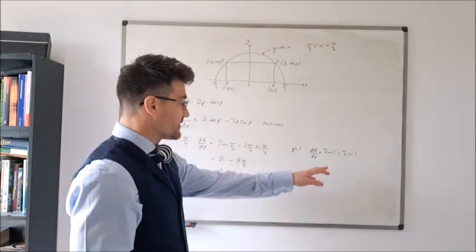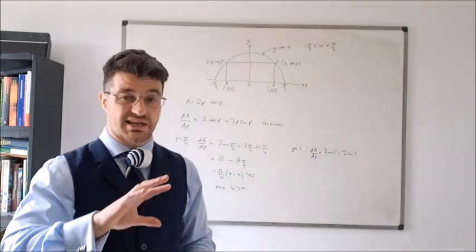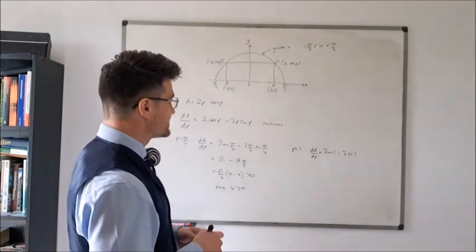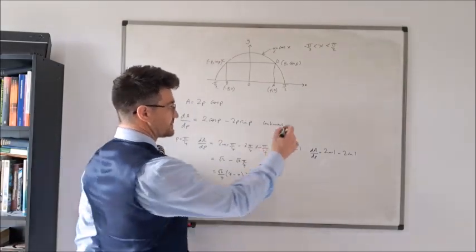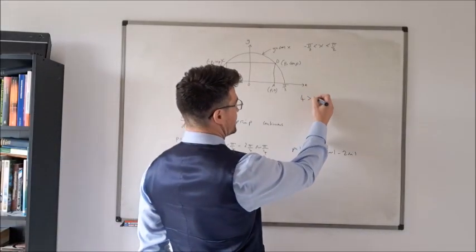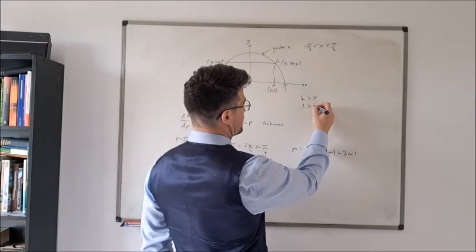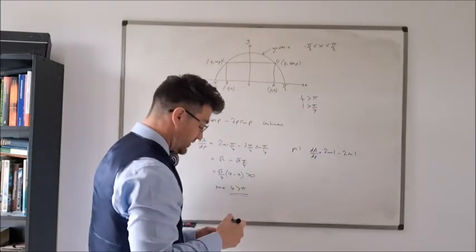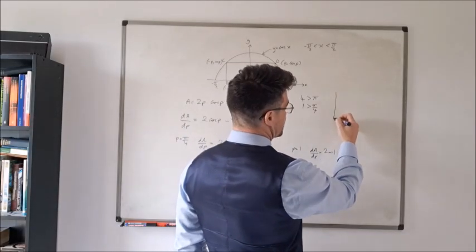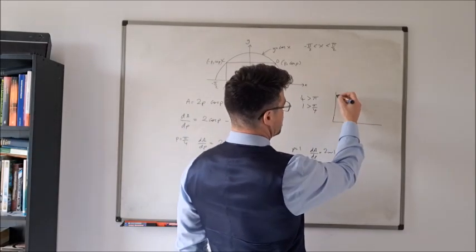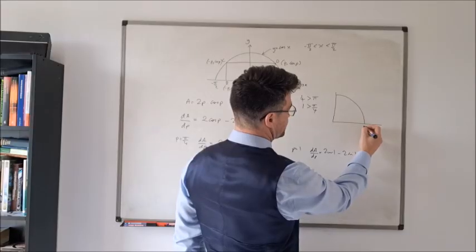Okay, so we've got to figure out a way to deal with this, and it did take me a little bit of time just to figure out what to do, but it comes down to using this again. So if 4 is greater than pi, then 1 is greater than pi by 4, or pi by 4 is less than 1. So let's have a look at the graphs of sine x and cos x, superimposed.